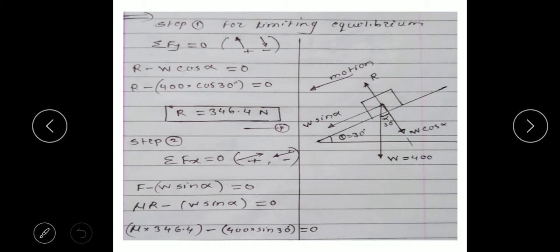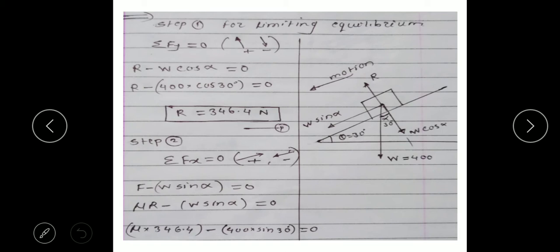They are not pushing or pulling the block. The body may slip or go up due to its own weight, but in the absence of external force, don't try to find it.